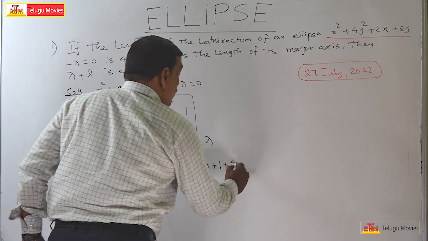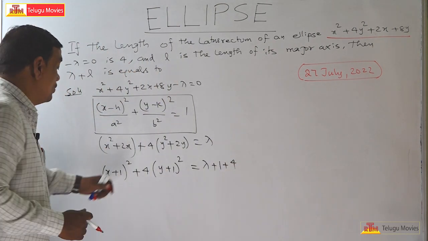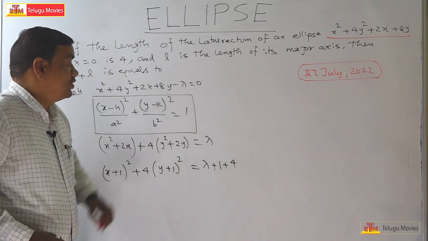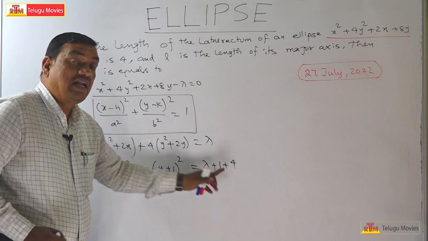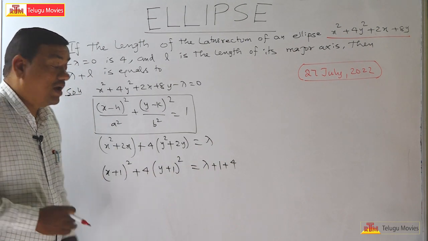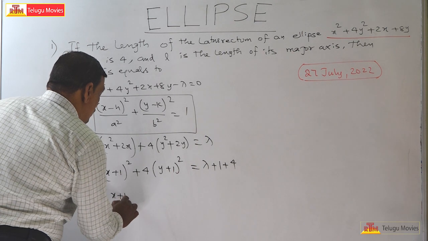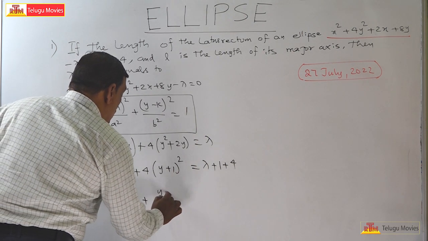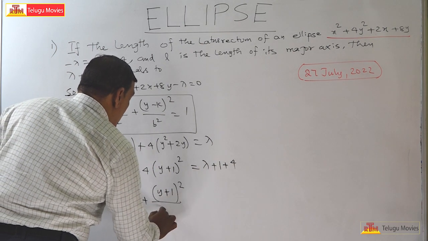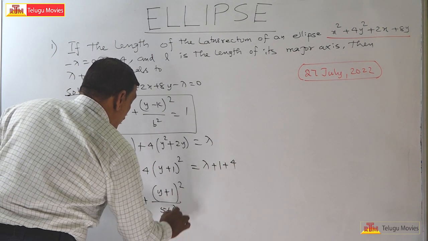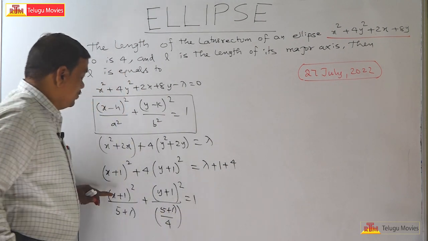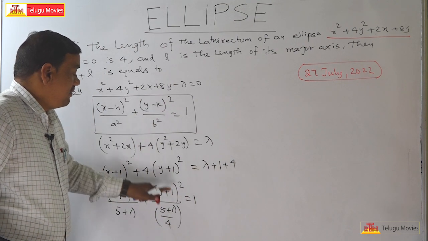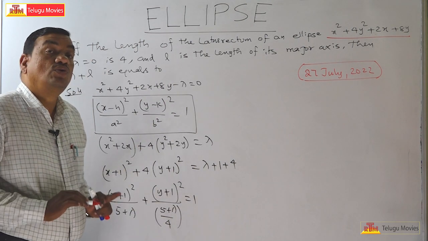So lambda plus 1 plus 4 is equal to, so 5 plus lambda. Divide by 5 plus lambda on both sides. So x plus 1 whole square by 5 plus lambda plus y plus 1 whole square by 5 plus lambda by 4 is equal to 1. This is of the form x minus h whole square by a square plus y minus k whole square by b square is equal to 1.